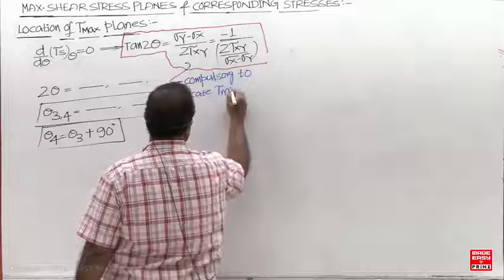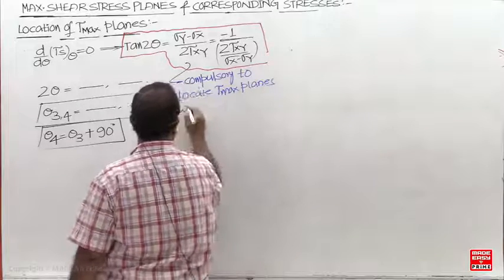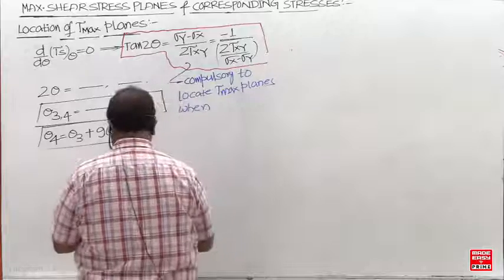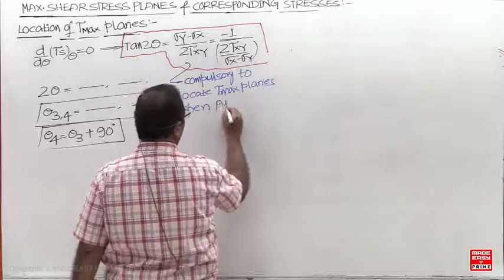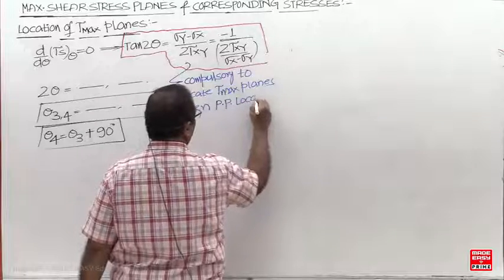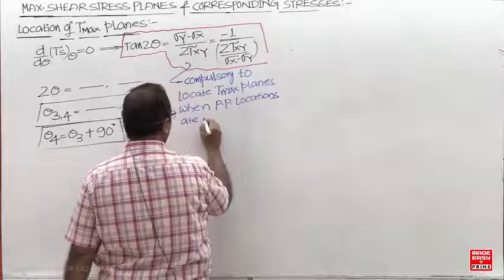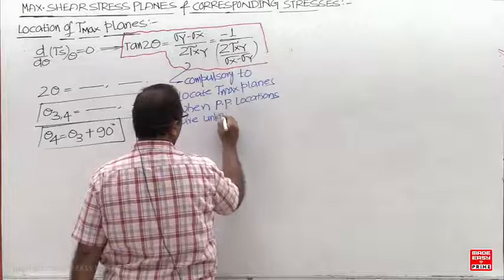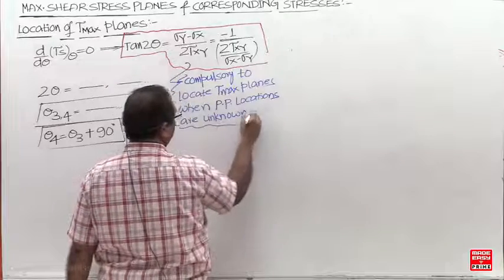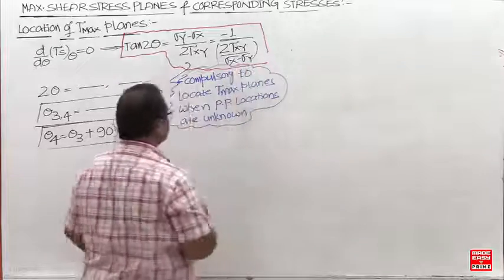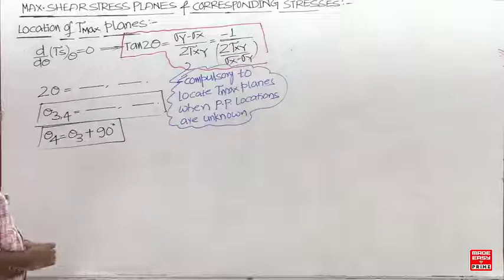To locate tau max planes, it is compulsory when principal plane locations are unknown.